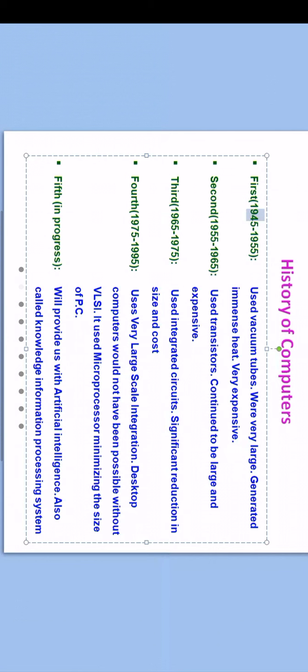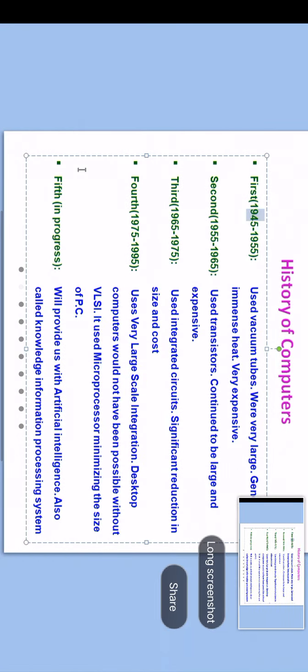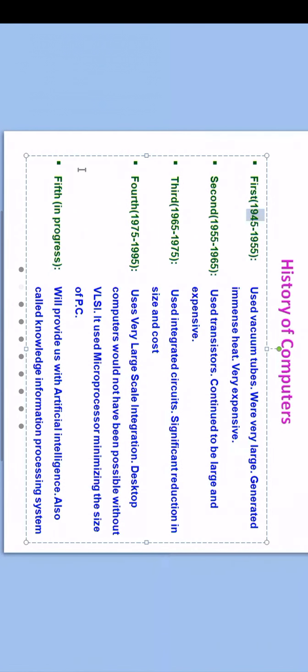Okay. So the first generation computer was very large. Its volume is too big, just like a garage. It comprises a number of cables, wires, different devices. Its size is so voluminous.